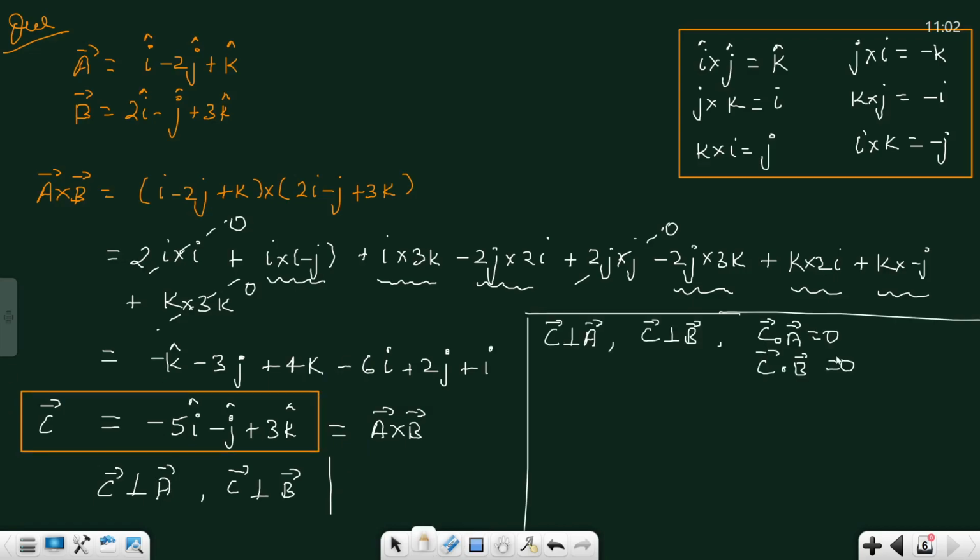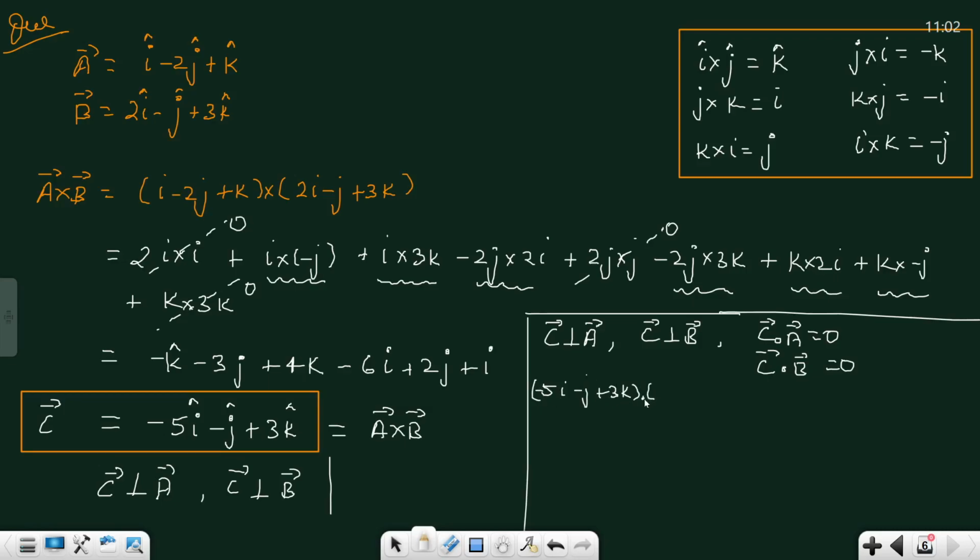If C dot A and C dot B come out 0, that means C is perpendicular to both of them. So first we will go for C dot A. C is minus 5i minus j plus 3k.